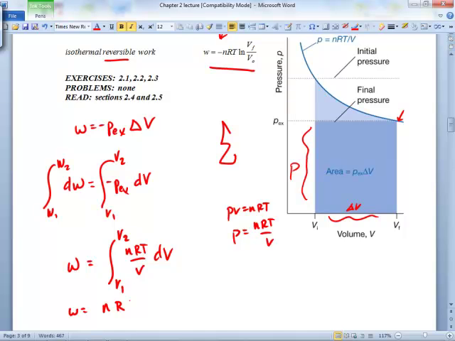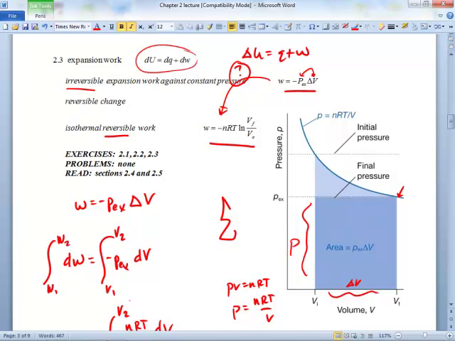Okay, can you pull out the T? Here's a hint. We want to end up here. What are we going to calculate? How is it described? Isothermal reversible work. Well, that means T is constant. It has to be. Otherwise, this equation is not valid.